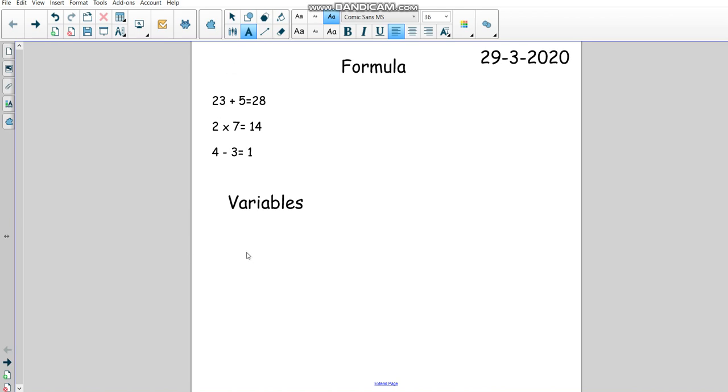If I told you, for example, x plus 5, this is called an expression. So x here is a variable in this expression.